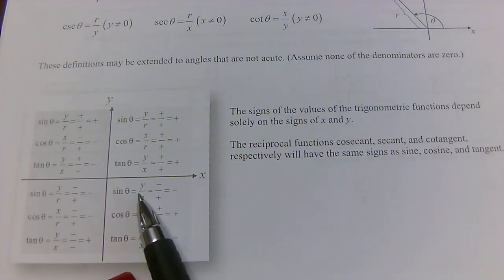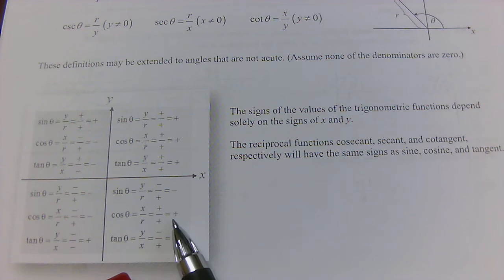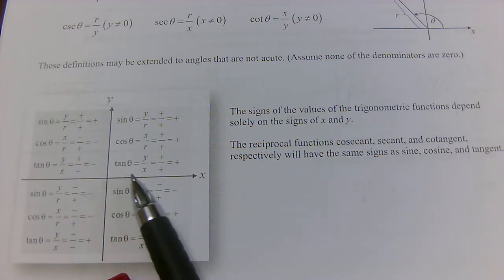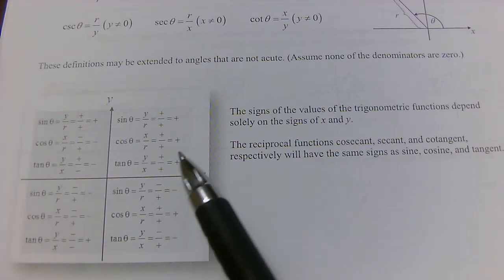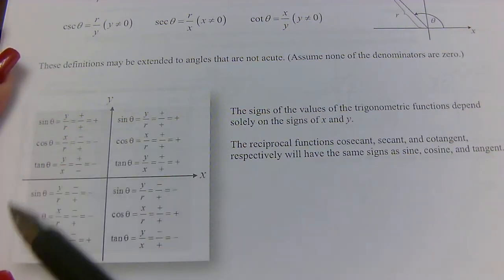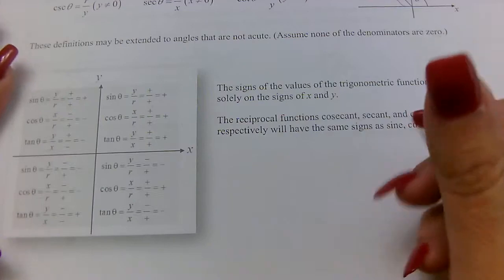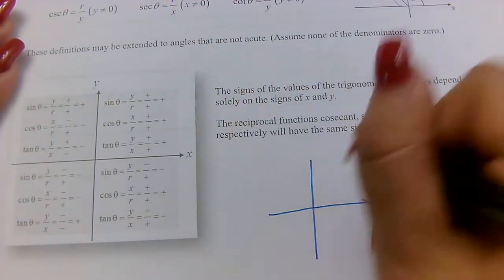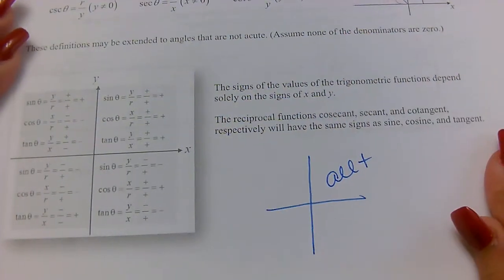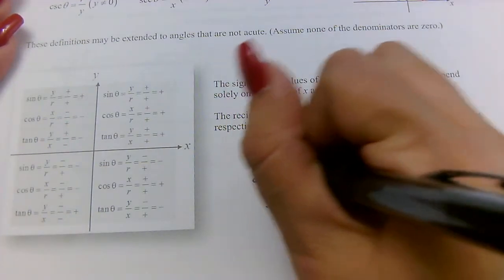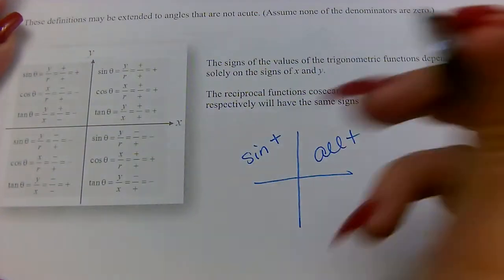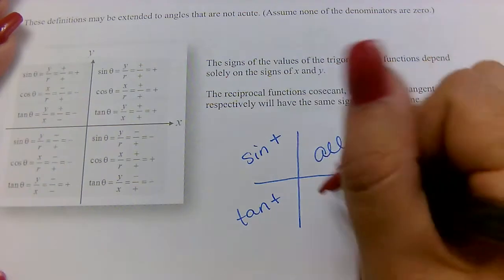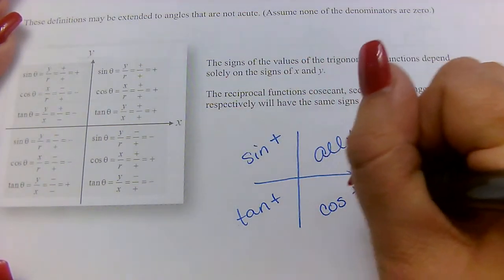And over here, we have cosine that's positive because that's our x value going forward, but sine is negative and so is tangent. So the easiest way to remember all of these is by saying all are positive here, okay? Sine is positive here, tangent is positive, and then over here cosine is positive.